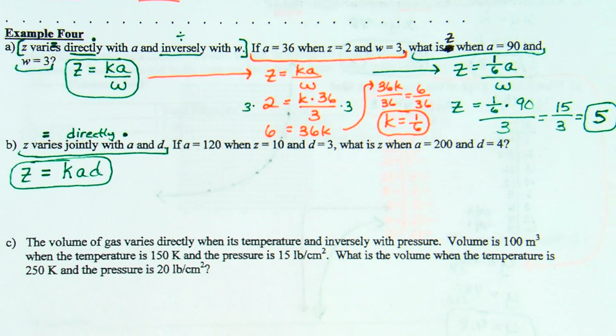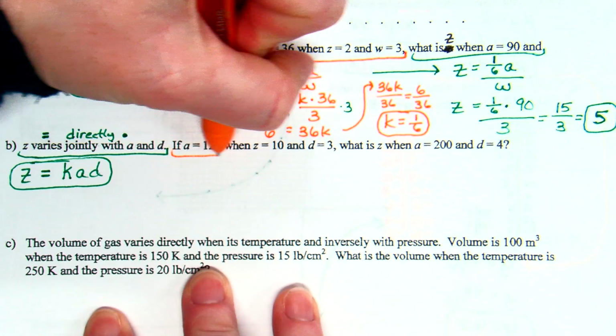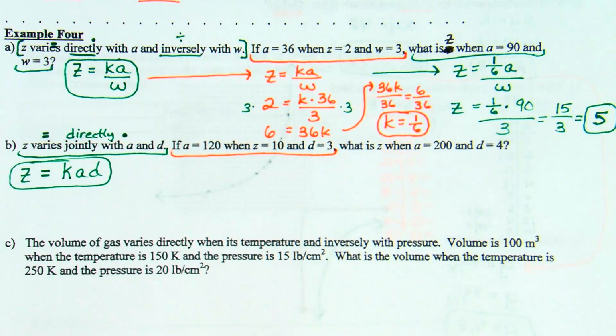Okay. What is 120 times 3? 360. So I have the equation 10 equals 360k. How do I solve for k? Divide by 360.